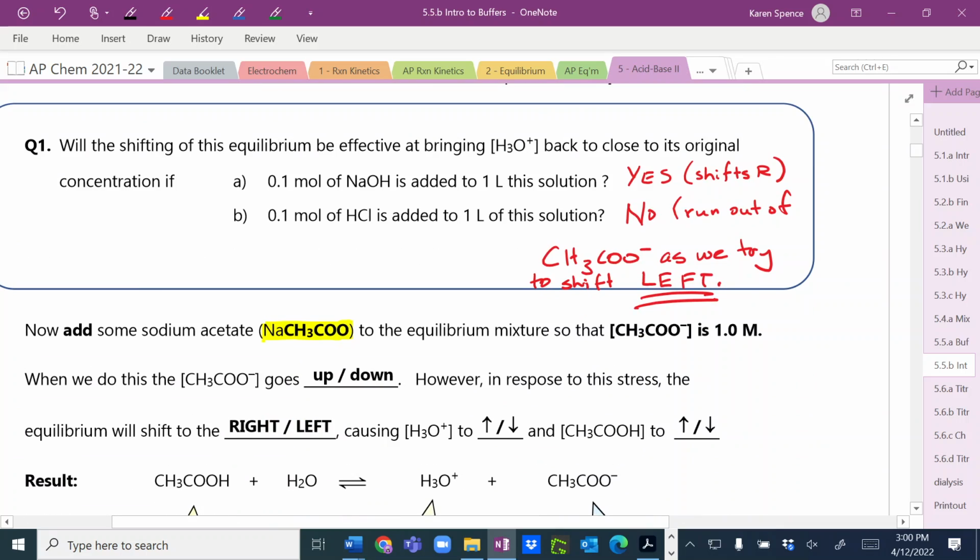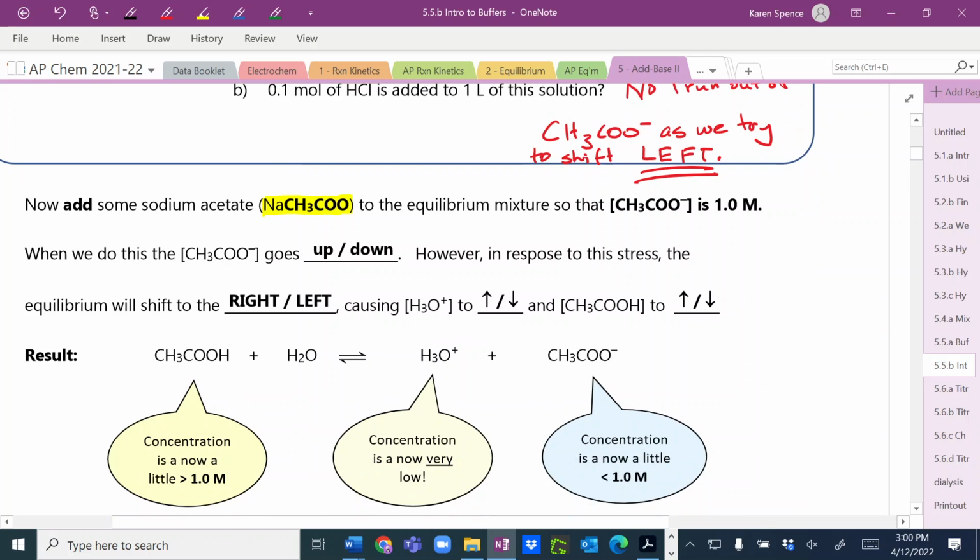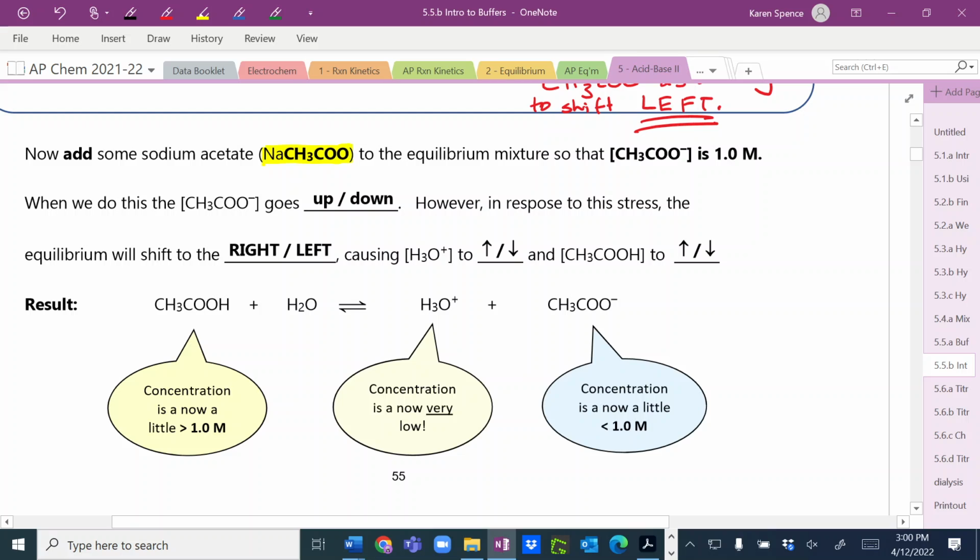So now we have a concentration of CH3COO- which is high. Now as we try to shift to the left, what will happen? Will we succeed? Yes, we will. So what you'll end up with is that as we add the sodium acetate to the acetic acid solution, the CH3COO- goes up.